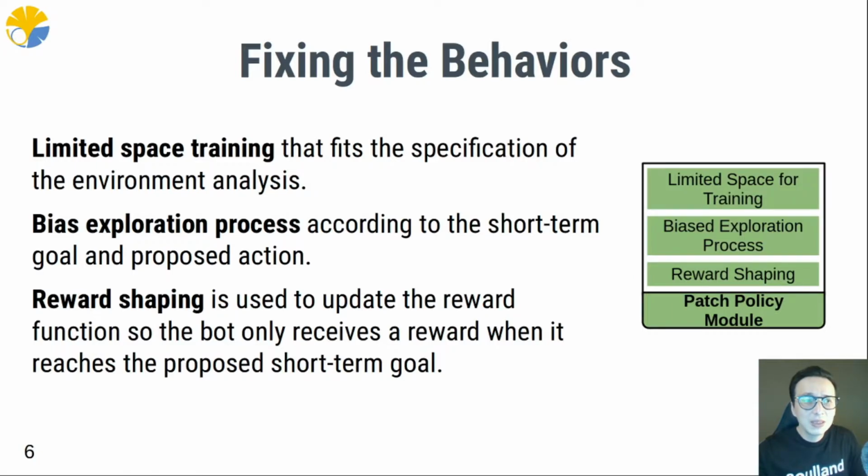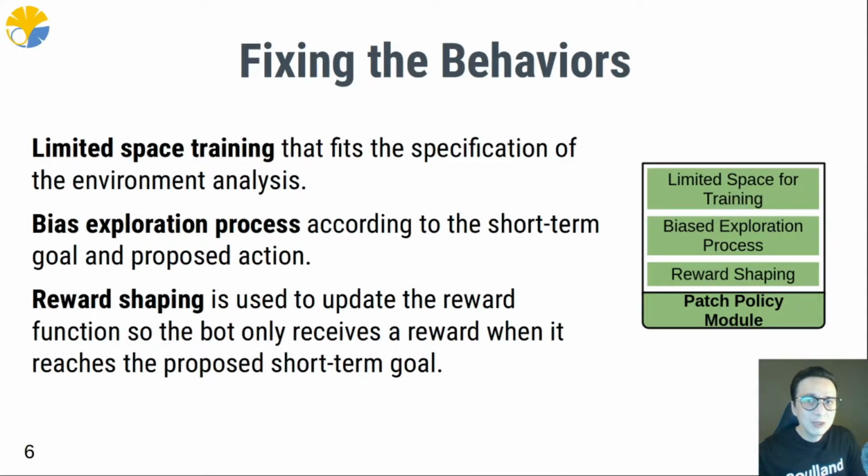in the environment. Then the next one, we have the bias. We bias the exploration process according to the short-term goal and the proposed action. So what happens here is that the bot tries to achieve the goal given by the user, and it tries to achieve this goal by following or trying the action that the user is proposing.